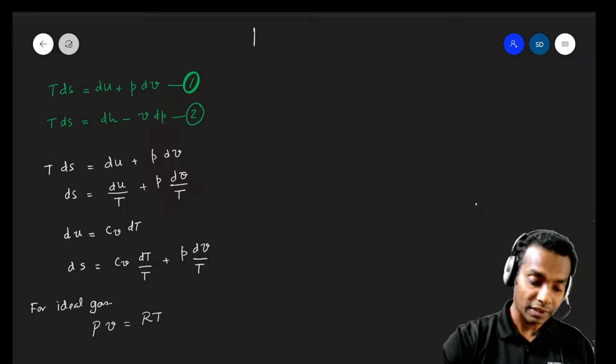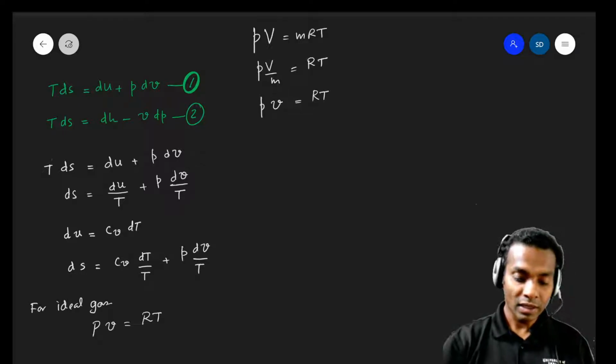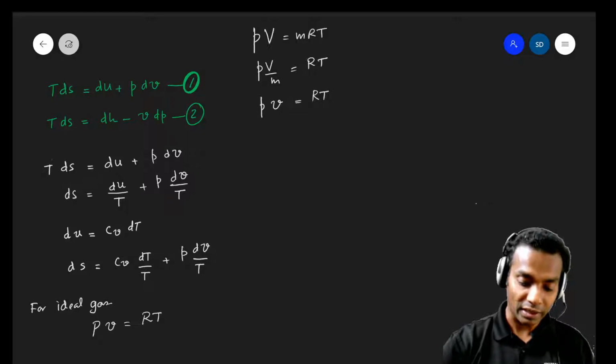It comes from PV equals mRT, and I divide both sides by m, and this is actually specific volume, volume per unit mass. Now in this equation, instead of T, I can substitute.